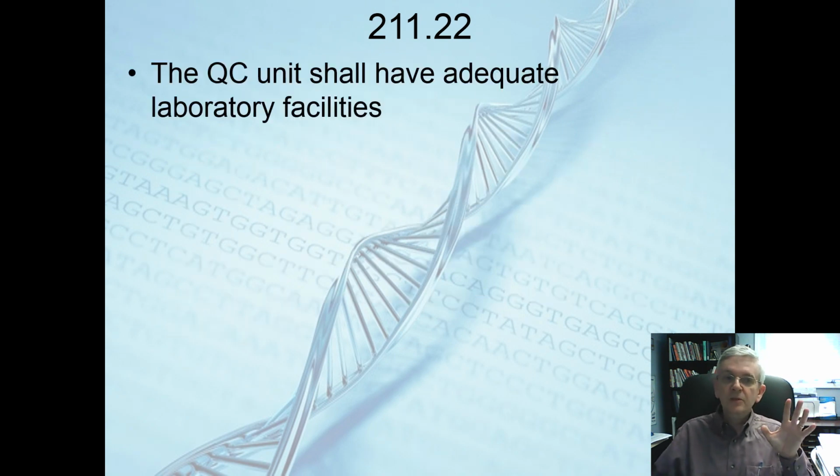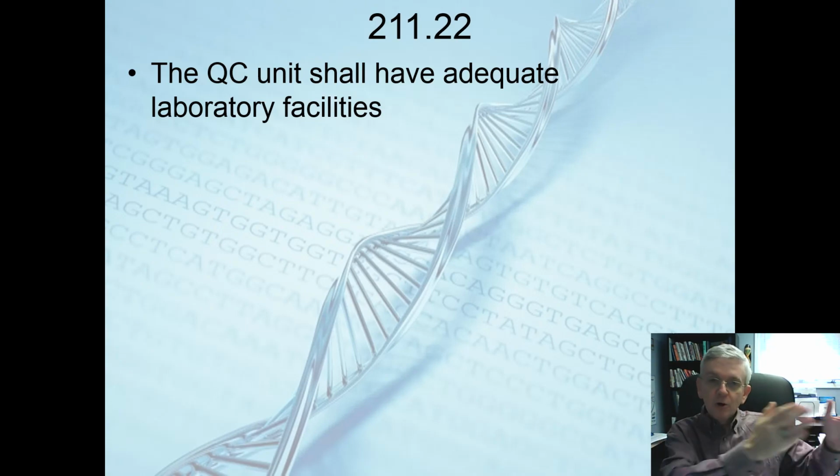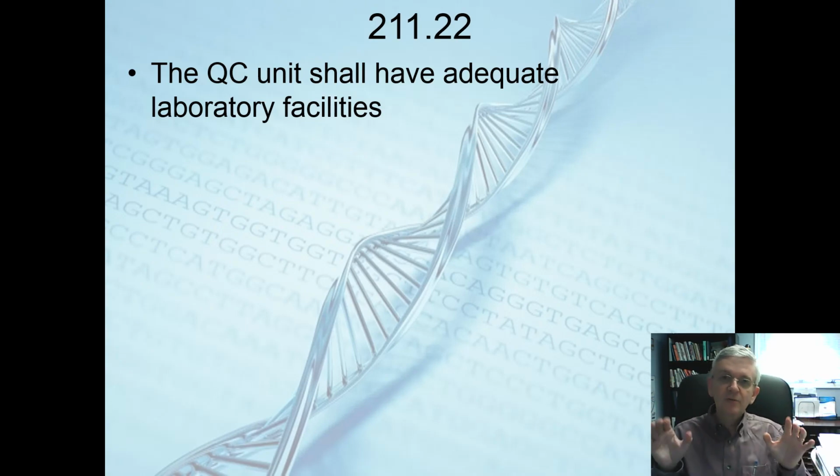Go on with this. The QC unit shall have adequate laboratory facilities. Again, look at that word, adequate. Define adequate for me. In your operation, their operation, it's going to be a totally different definition of the term adequate.